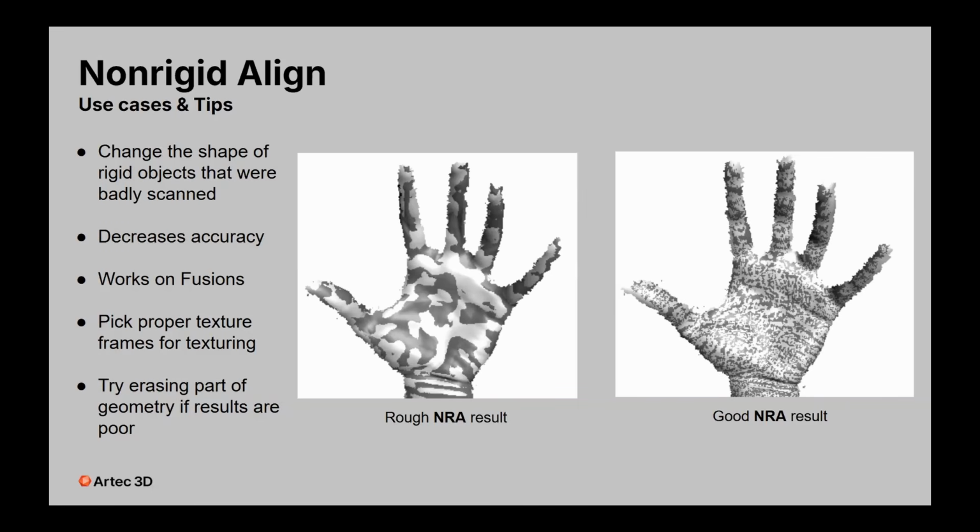In this case, what you might do is find the frame where the misalignment first occurred, divide your scan into two different ones and make two different fusions, and later on you can register them using the non-rigid registration.